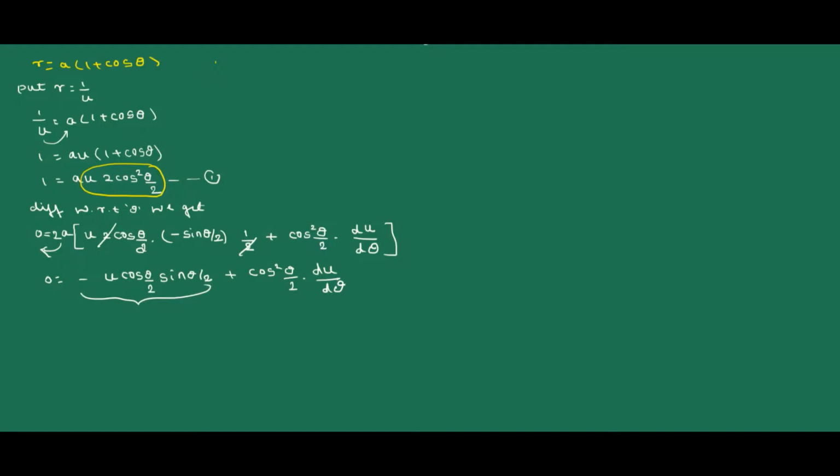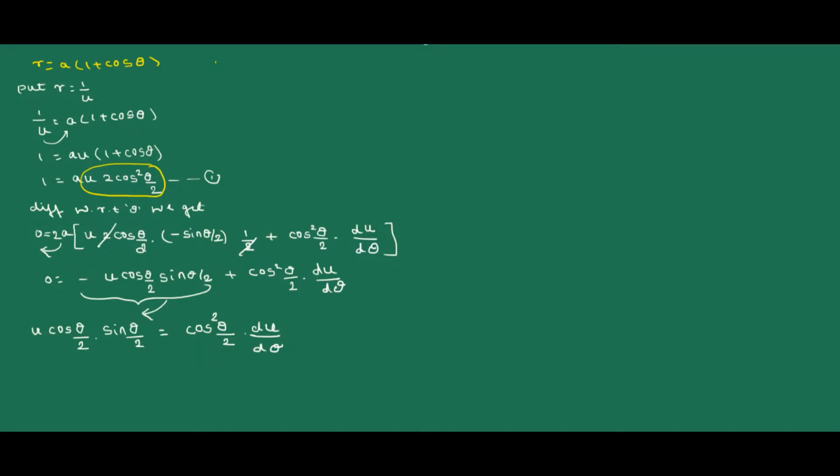Transpose this first term to the left hand side. So we get u cos theta by 2 into sin theta by 2 is equal to cos square theta by 2 into du divided by d theta.